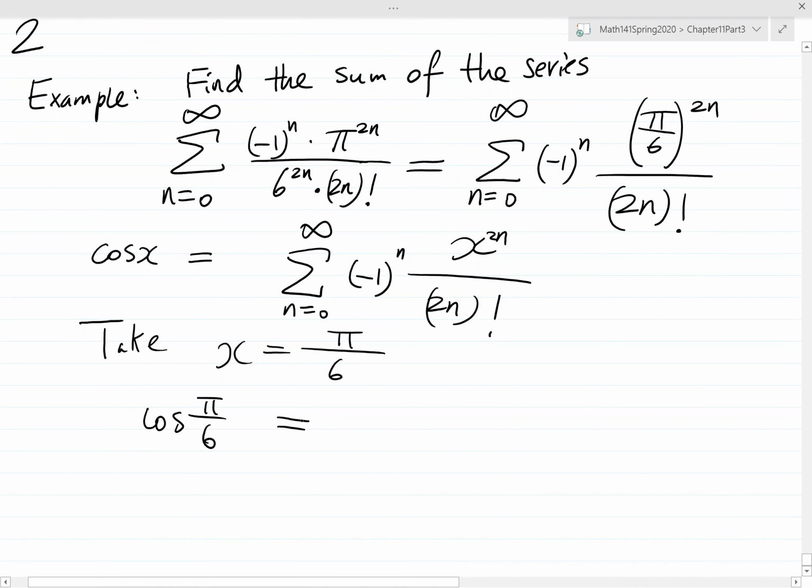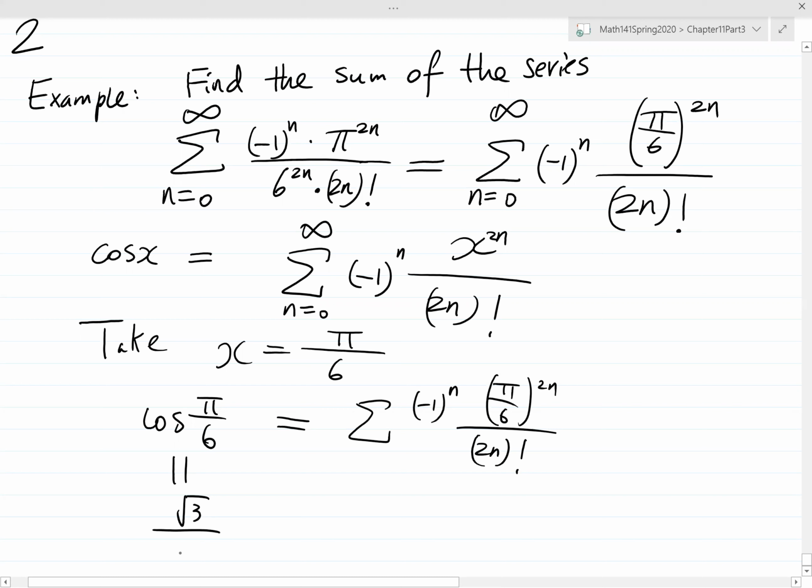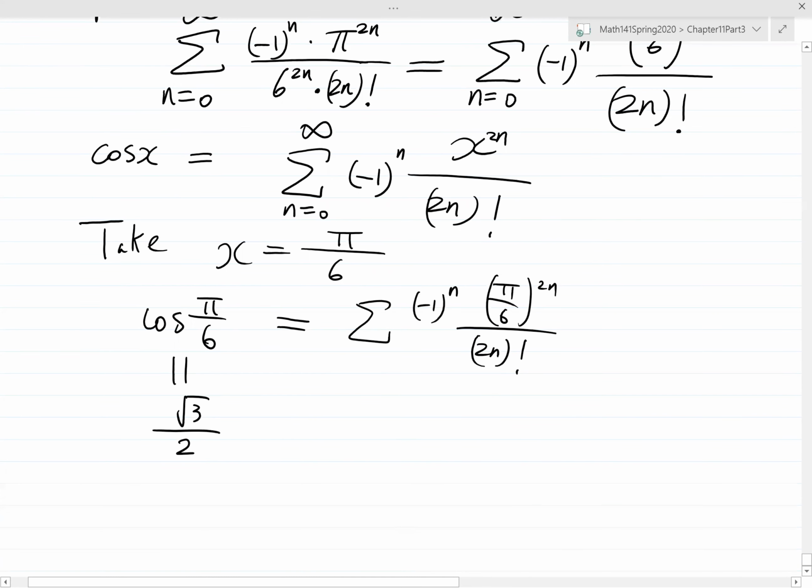Now remember, the Maclaurin series is valid for all real numbers x, so you can plug in any number for this Maclaurin series of cosine. Now this cosine pi over 6 is √3 over 2. Then we're done for this problem.